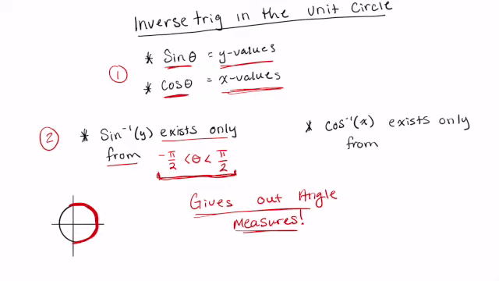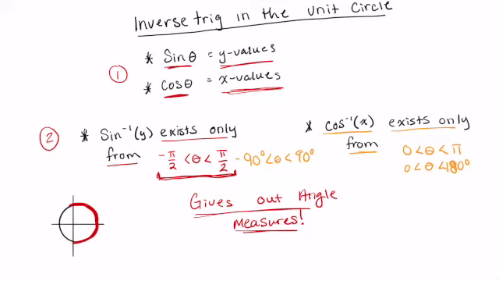Same goes for cosine. The inverse of cosine exists only from 0 to pi. For both of these, if you're in degrees, which we're always working in radians now, that's 0 to 180 degrees, and over here it would be negative 90 degrees to 90 degrees.